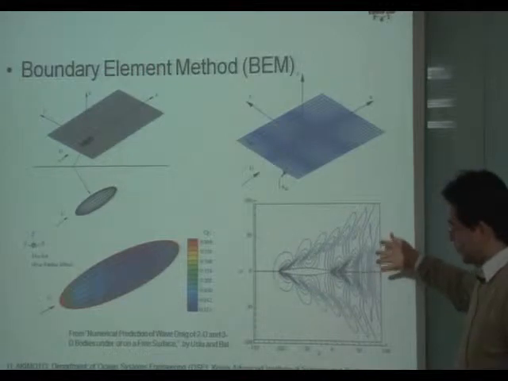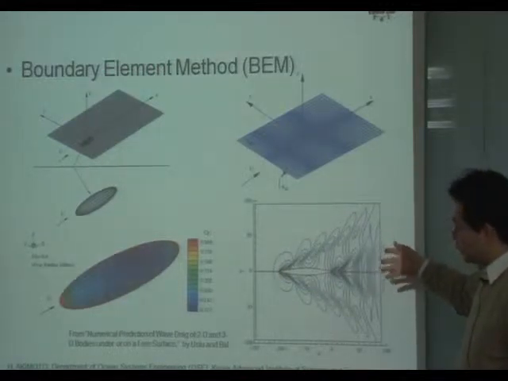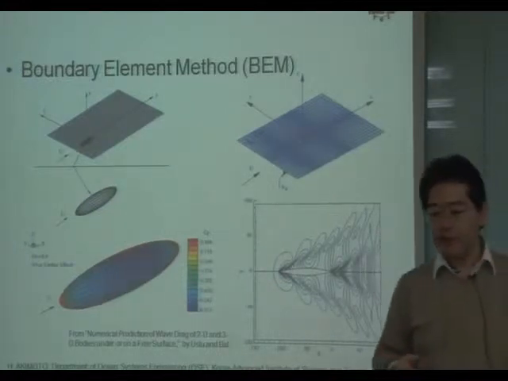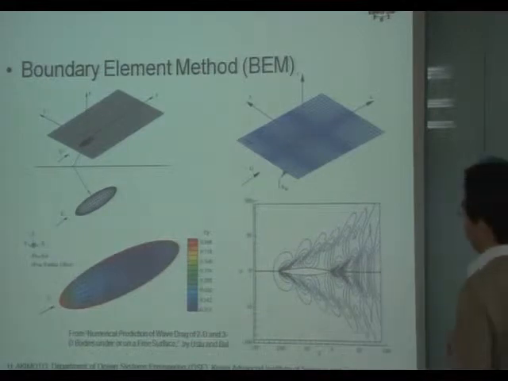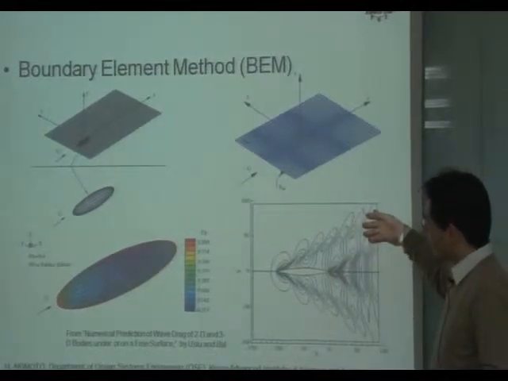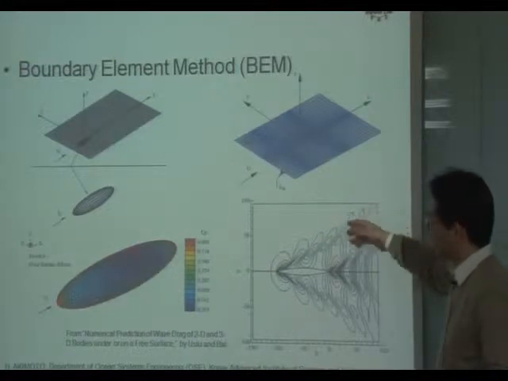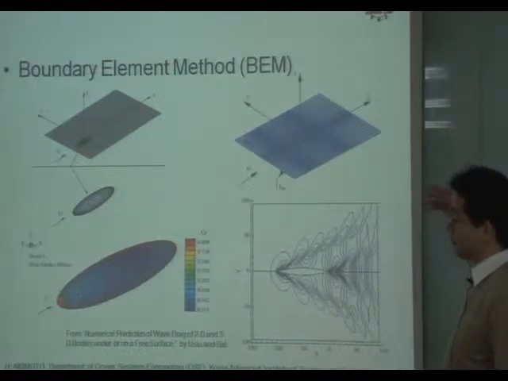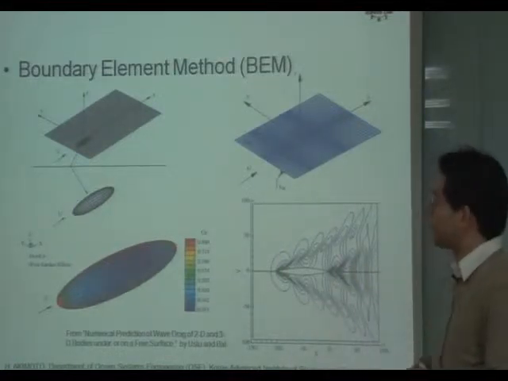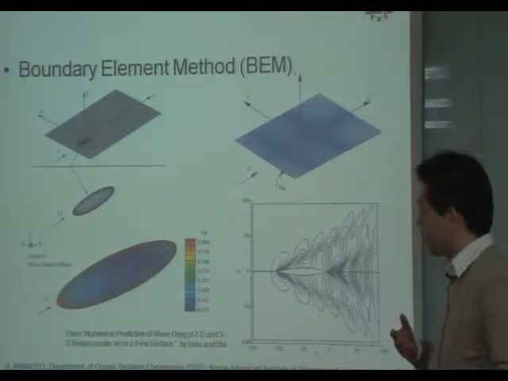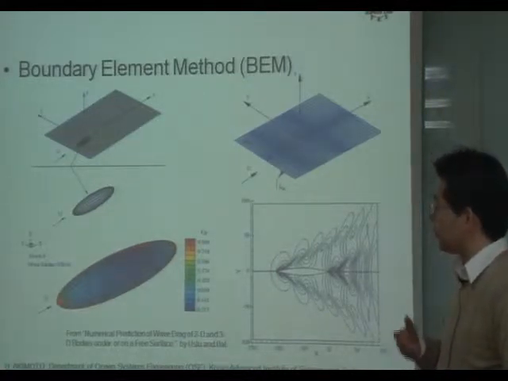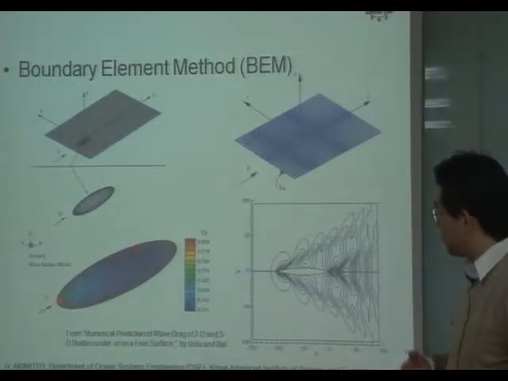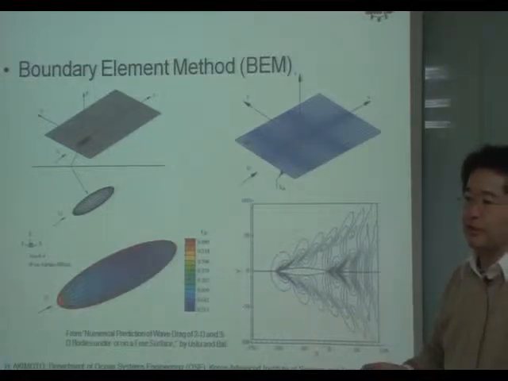However, when you compare the result of potential treatment and other Navier-Stokes treatment, you will see this pattern is very vague far from the body surface in Navier-Stokes equations. It is because in Navier-Stokes solution using mesh, the resolution highly depends on mesh size.